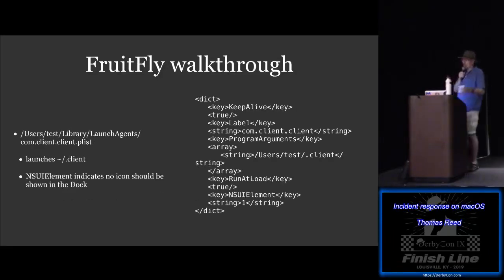And we see that it's suspicious because it's launching a process out of a hidden .client file in the user folder. So that's highly suspicious. That's not normal behavior. We also see that it has the NSUIElement flag set in the plist file, which means that this will not show up in the Dock. So that's another sort of suspicious piece of information.